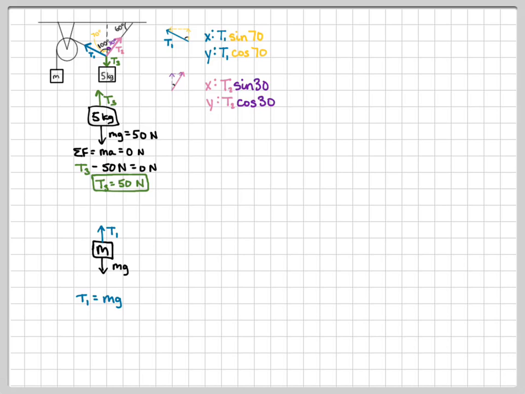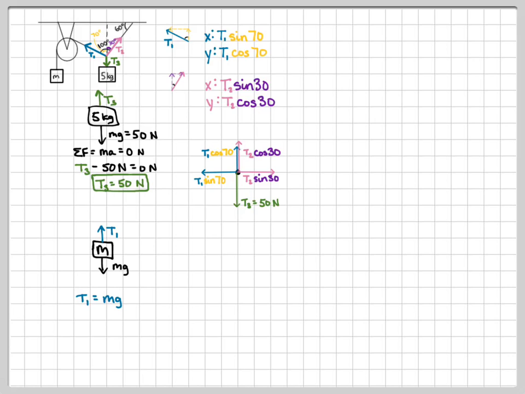So we can write our Newton's second law for our x and our y after we draw the picture. T1 cosine 70 going up, T2 cosine 30 going up, the weight pulling down, and then left and right, T1 sine 70, and T2 sine 30.